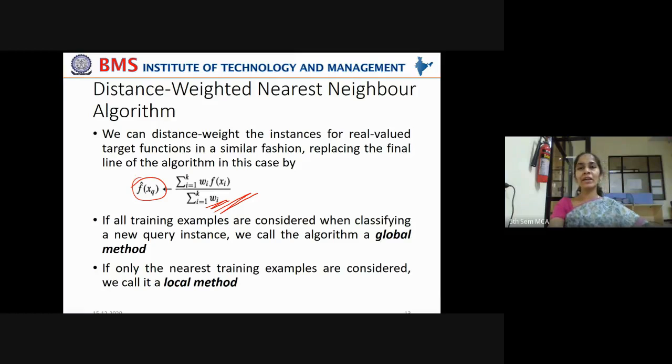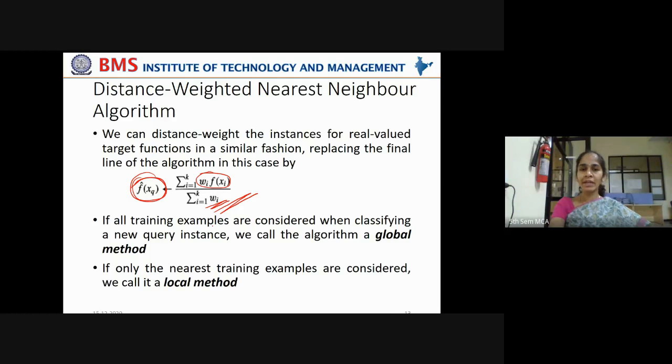Same algorithm, but modified to match your classification task or your regression task. To match the regression task, you multiply the weights along with the instances, add them up, and divide by the sum of the weights. That will be your predicted value.